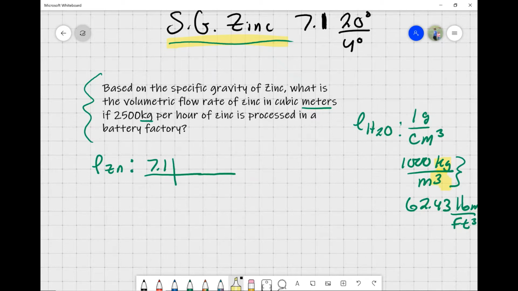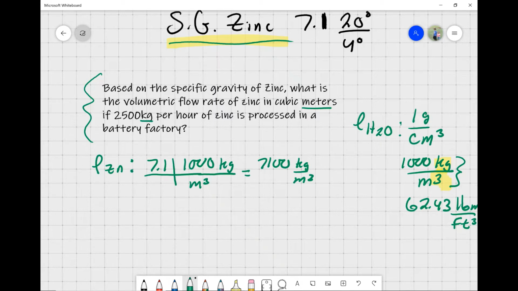So 7.1 times 1,000 kilograms per cubic meter, and that's going to equal, I always use a calculator even if it's simple, maybe I shouldn't, 7,100. And so now we have an easy way to convert it.